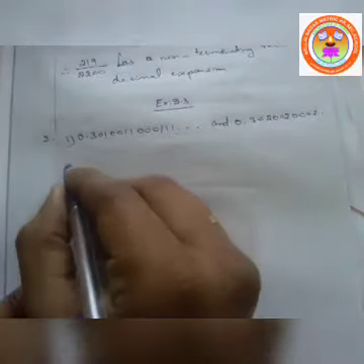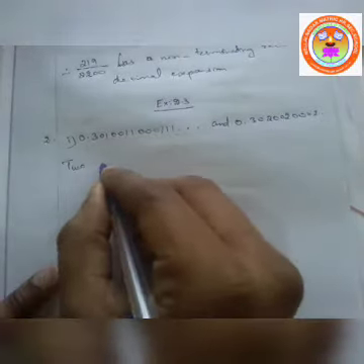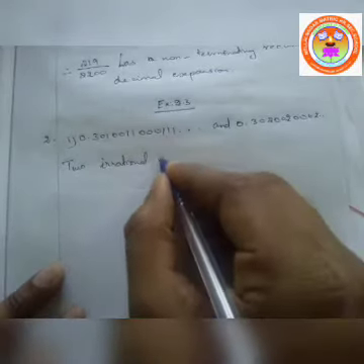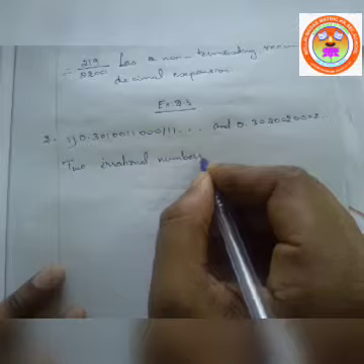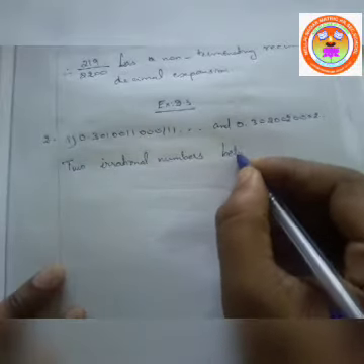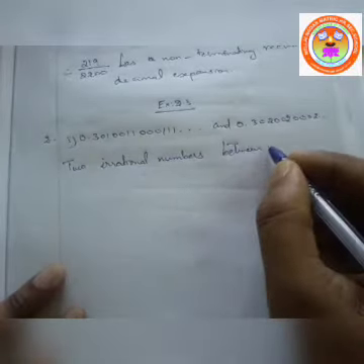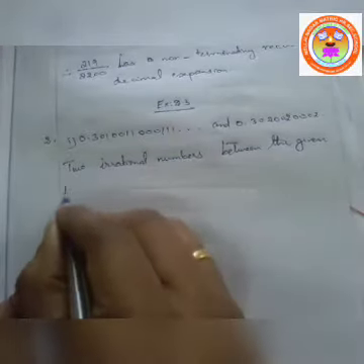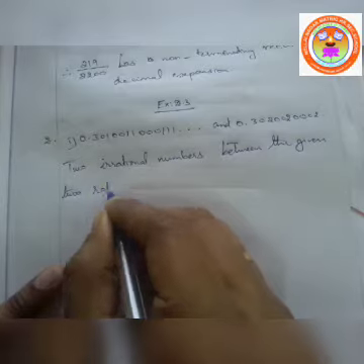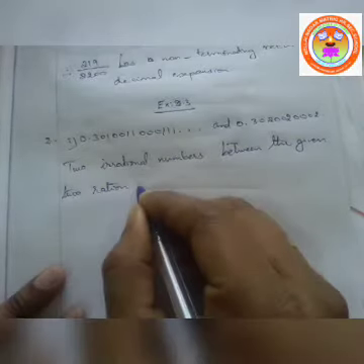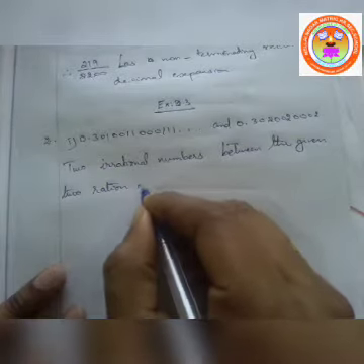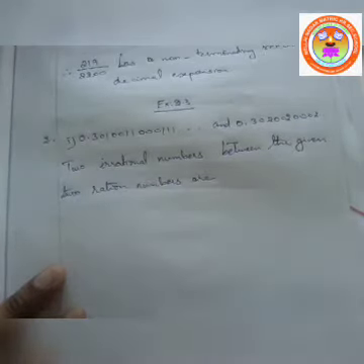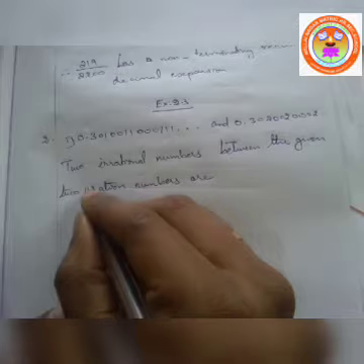What you have to write: 2 irrational numbers between the given numbers. Sorry, the given numbers are also irrational numbers.